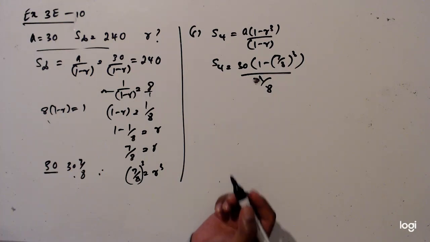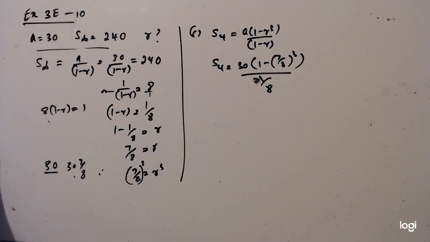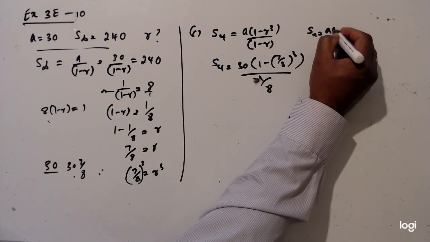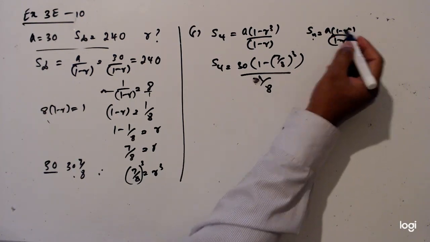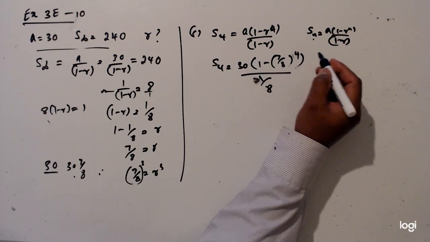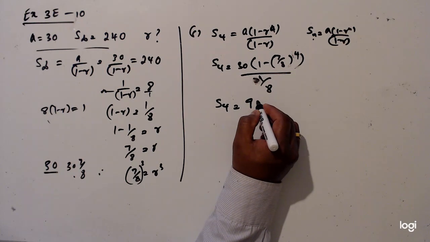Actually, Sn equals a times 1 minus r to the n over 1 minus r. If this is 4, this has to be not 3, but 4. And you will get the value.